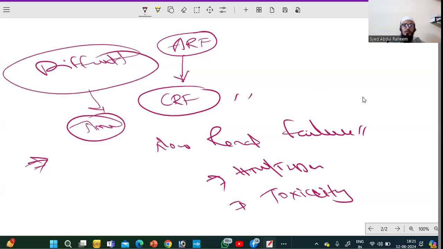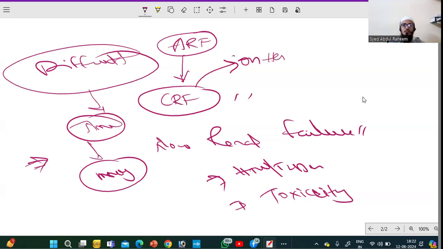Okay, and it will take money and it will lead sometimes to death also. But some persons are living with chronic kidney failure on dialysis, hemodialysis. So we'll discuss whatever important things related to chronic kidney failure.